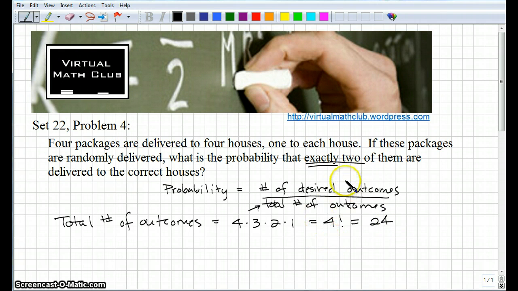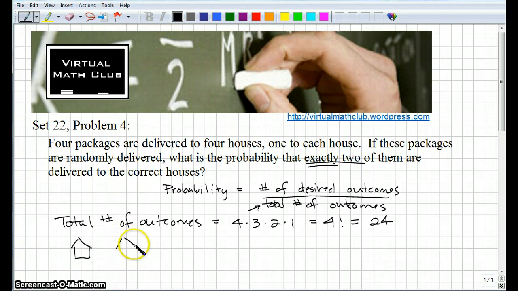But we want to know the probability that exactly 2 of them are going to be delivered to the correct houses. That's our desired outcomes. So let's take a look at that. Let me draw some houses here.